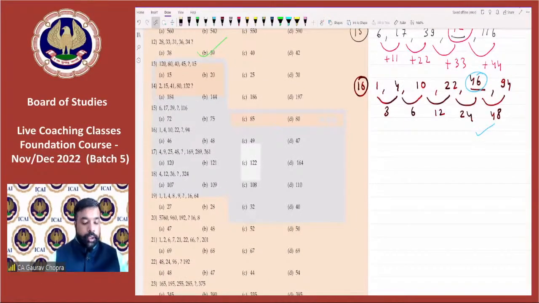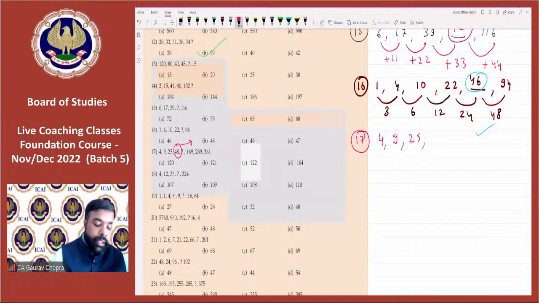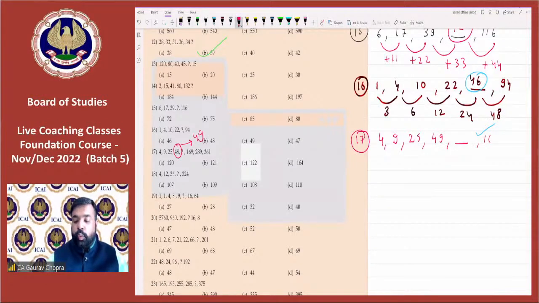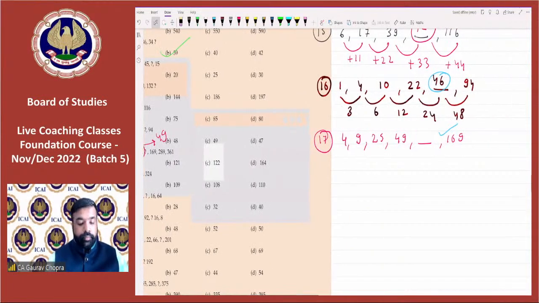Then let's try the 17th also. Question 17: 4, 9, 25, then dash, 169, 289, and 361.